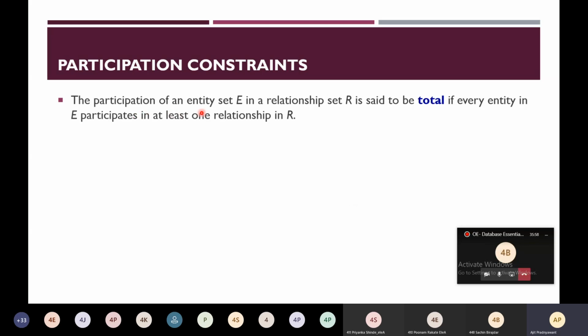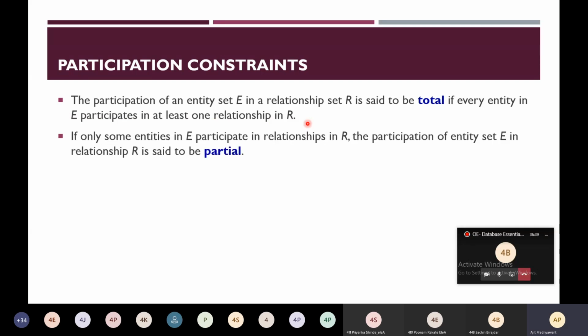The participation of an entity set E in a relationship set R is said to be total if every entity in E participates in at least one relationship in R. That is called total participation.